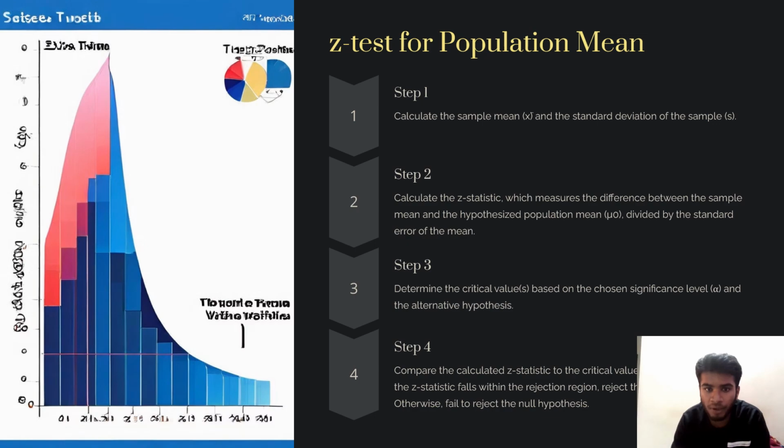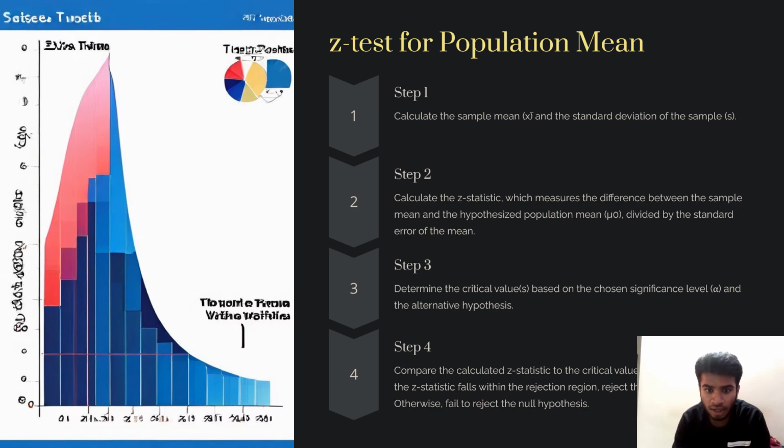Z test for population mean. So there are four steps for the Z test for population mean. Step 1. Calculate the sample mean x bar and the standard deviation of the sample s. Step 2. Calculate the Z statistic, which measures the difference between the sample mean and the hypothesized population mean mu naught, divided by the standard error of the mean.